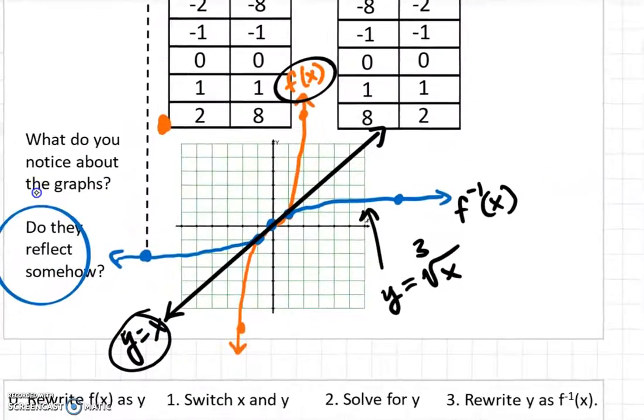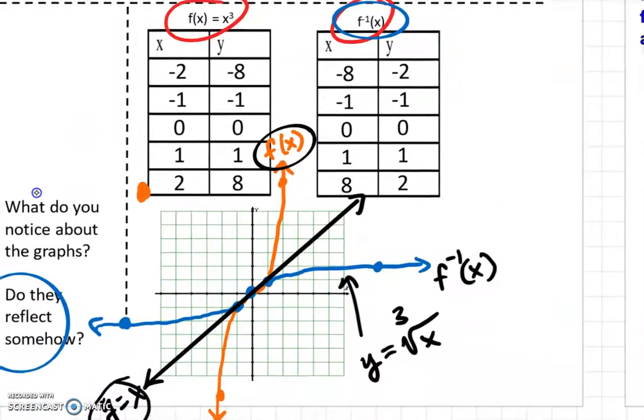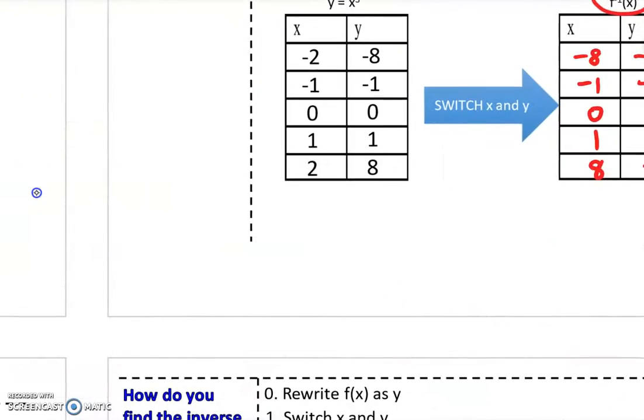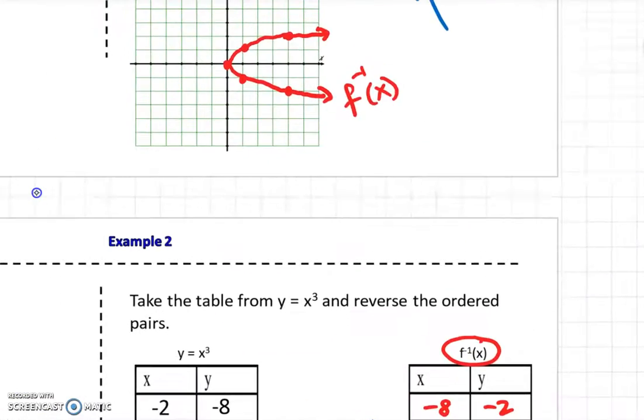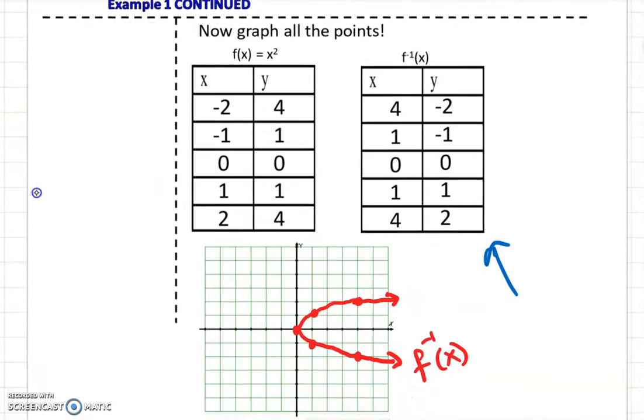So that's graphically what inverses look like. They will always reflect across this line y equals x. So let's go back to the quadratic.